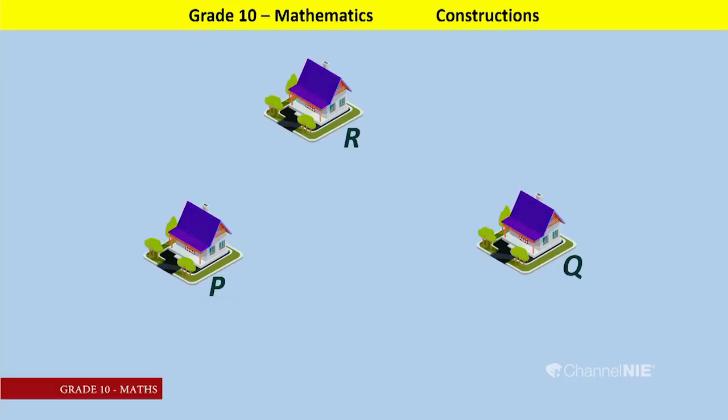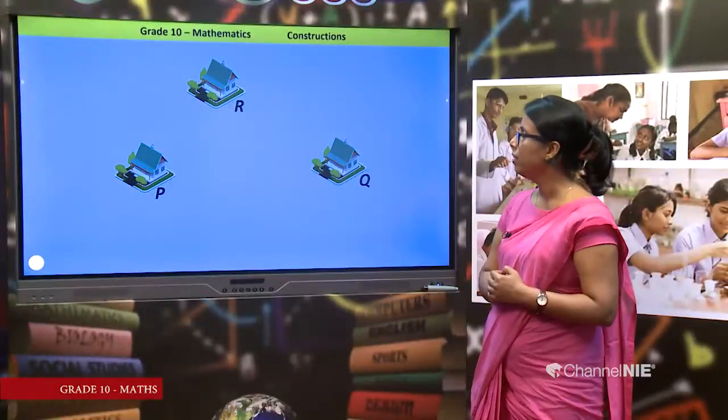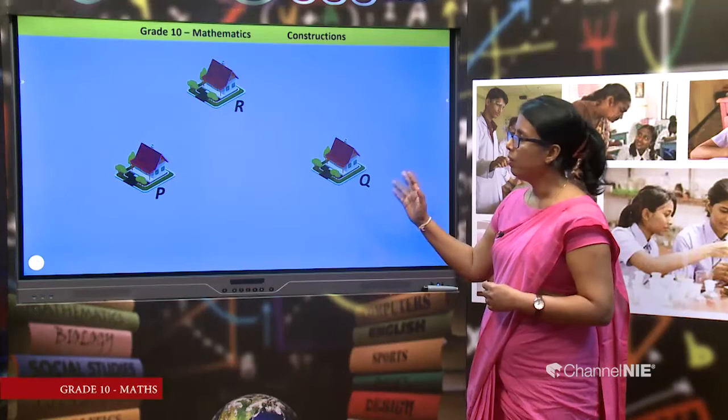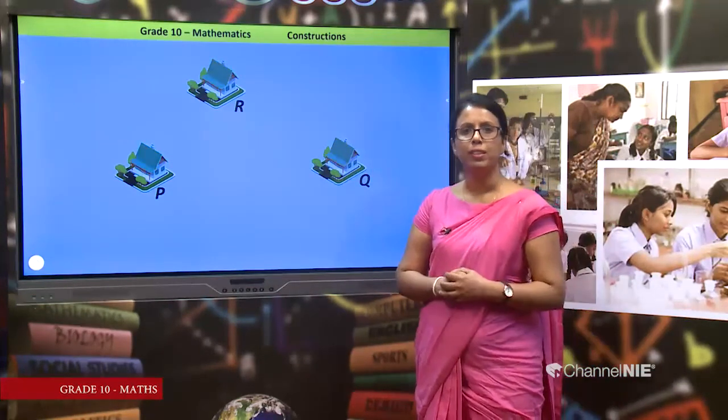Let's see, there are 3 houses, P, Q and R. They are not on the same line. These 3 points lie on a triangle. There should be a place equidistant to P as well as Q as well as R. Now use your construction knowledge to find this place where to locate the lamp post.